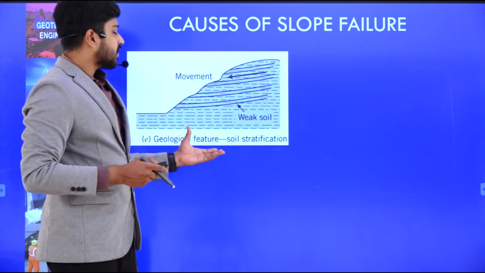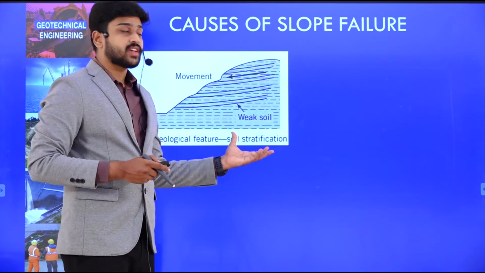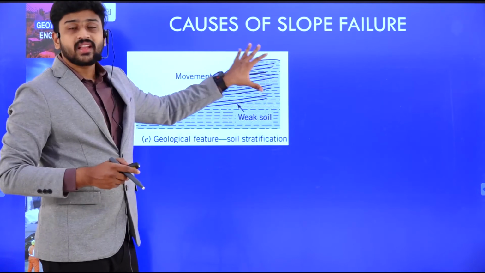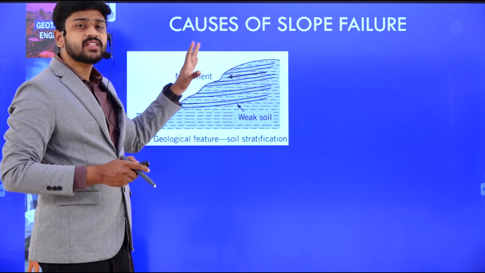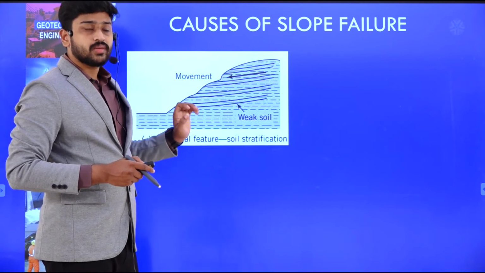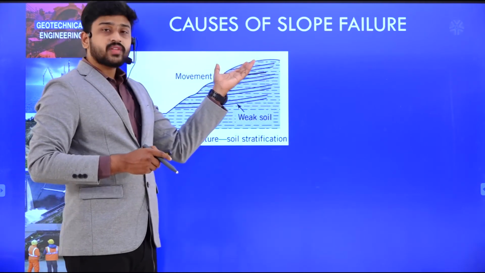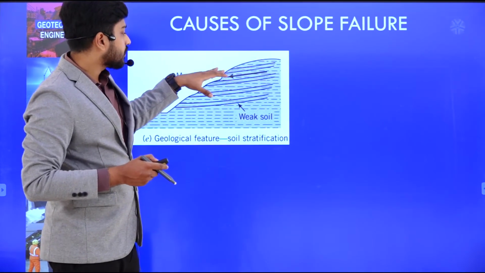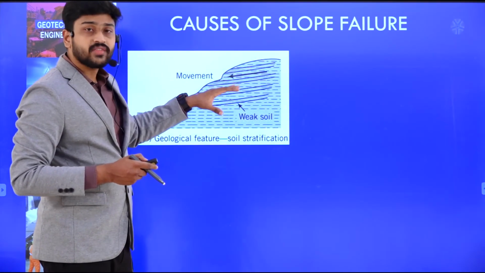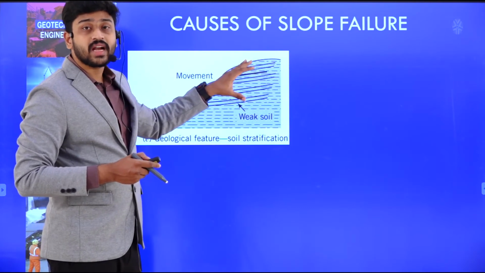A geological failure due to the soil stratification. Let us say there is a weak soil at this particular sloping region. Let us say this is only a sandy soil. So what will happen? After some amount of time, due to its self weight itself, it will try to break into different regions because the soil is stratified here.